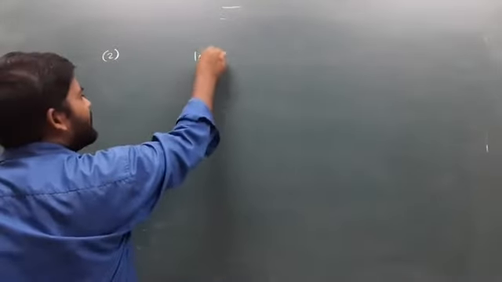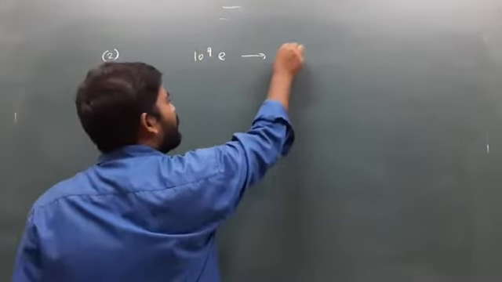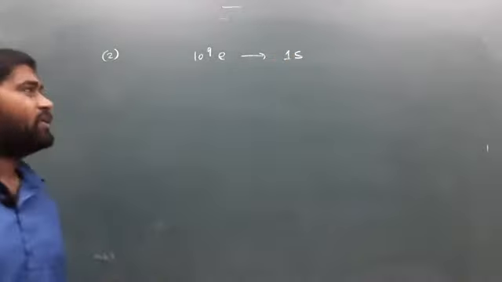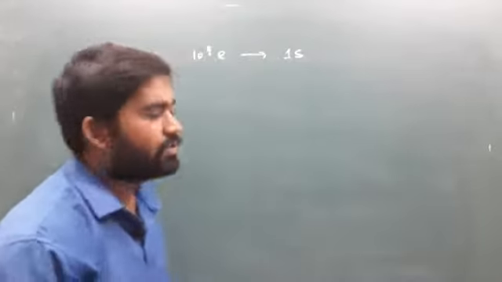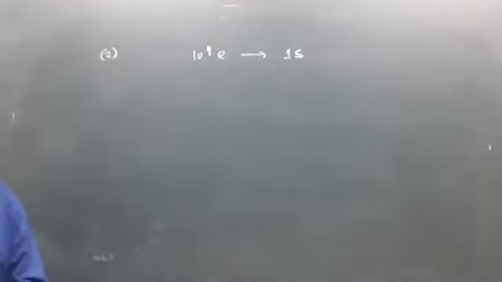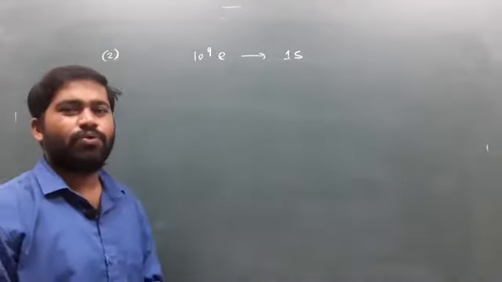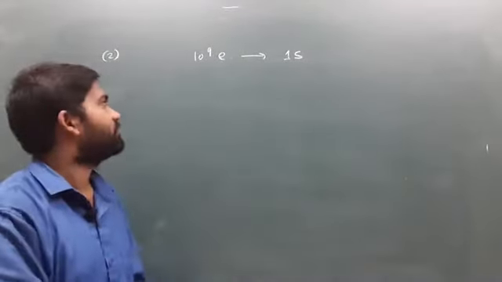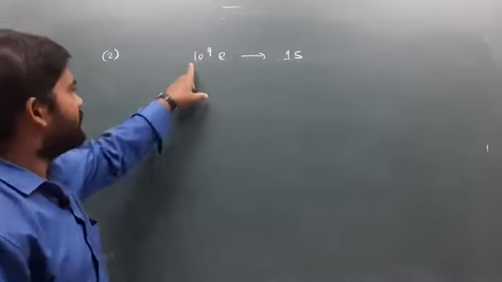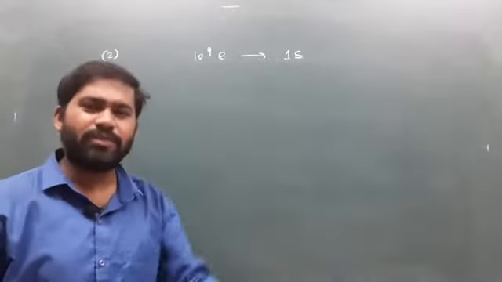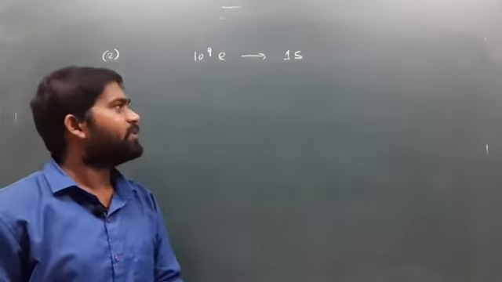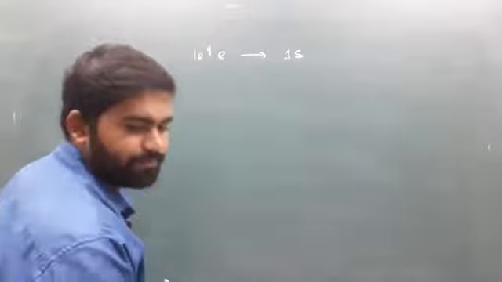Second problem: if a body emits 10 to the power 9 electrons in 1 second, how much time does it require to lose 1 coulomb of charge? In how much time does it emit 1 coulomb of charge?